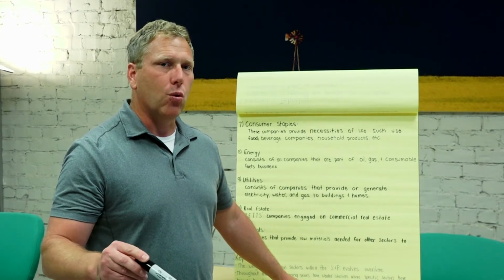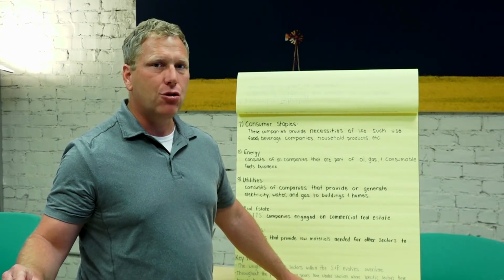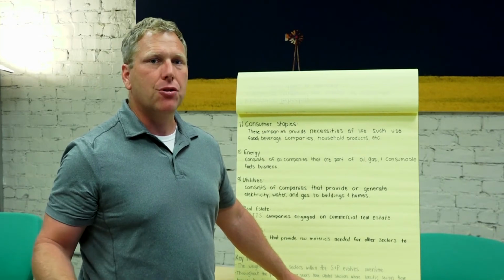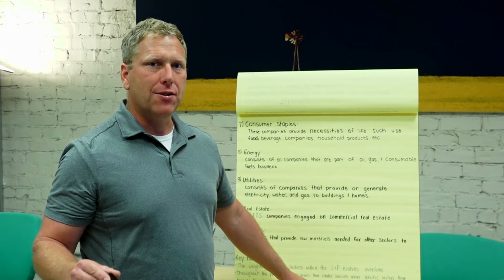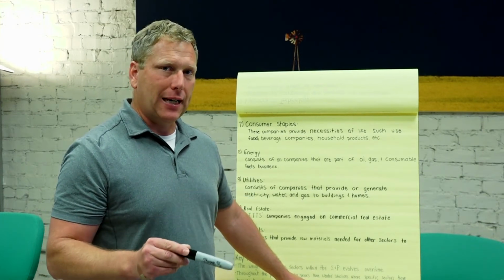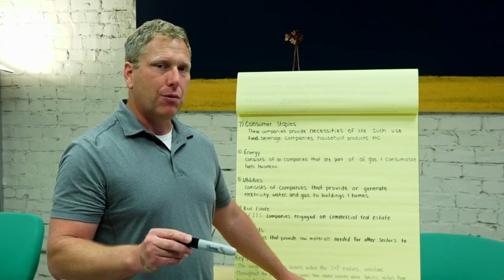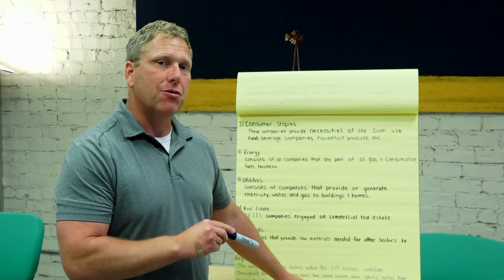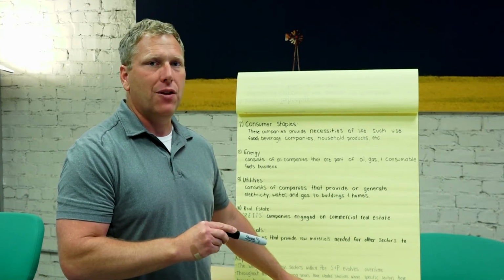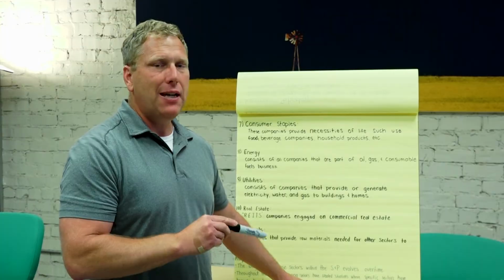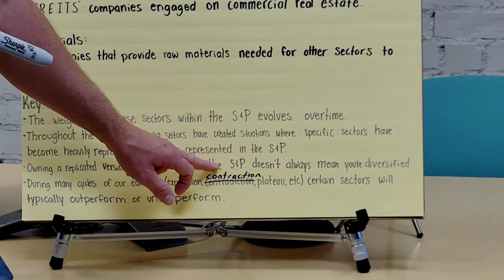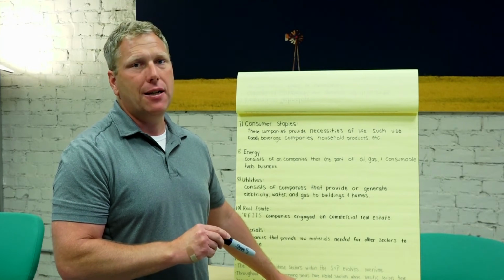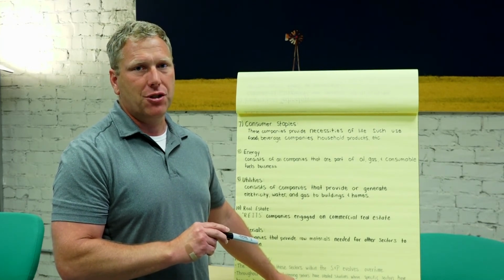In a perfect world where all sectors would be weighted close to the same, that would certainly probably be an accurate statement. But we don't live in a perfect world, and certain times in certain economic cycles, like we talked about before, certain industries represent way more of the calculation. So just being invested in a low-cost S&P 500 type fund does not mean that at any given time you're diversified properly.